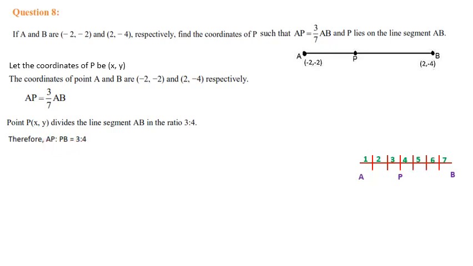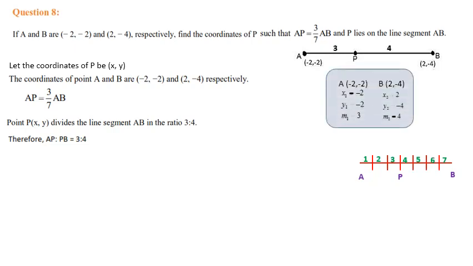Now from the diagram, we can write A (-2, 2), B (2, -4). And from here we can write x1 that is -2, y1 that is 2, m1 I have marked here that is 3. And from B, x2 is 2, y2 is -4 and m2 is 4.